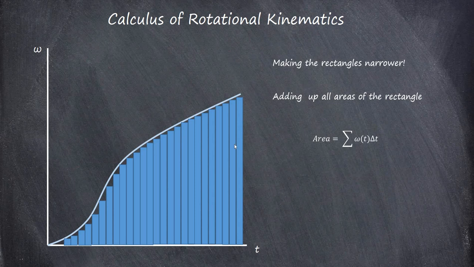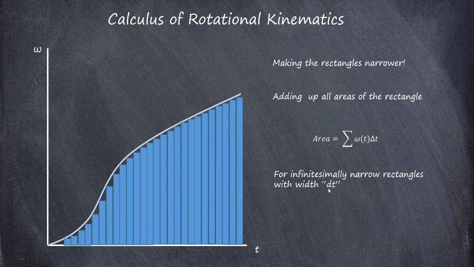And as you may imagine, to get a much better approximation of the area under this curve, we make the width of these rectangles infinitesimally narrow. And you hear that in calculus a lot, infinitesimal. And we replace delta t with dt because dt makes delta very, very small.